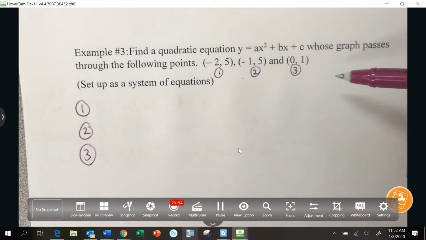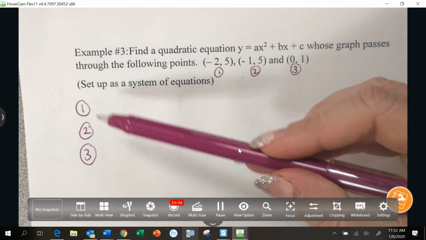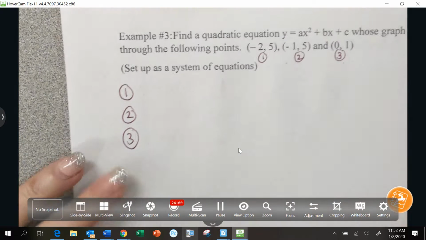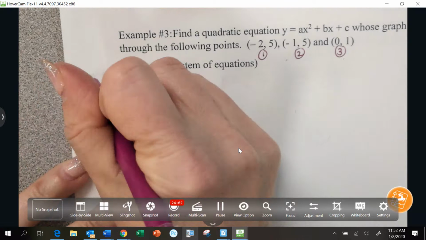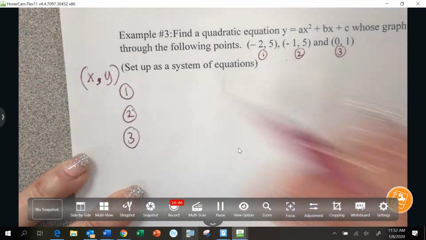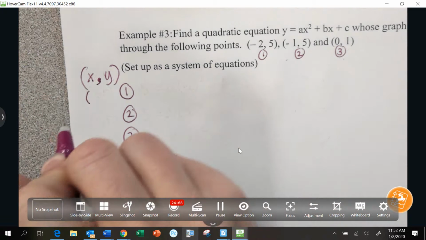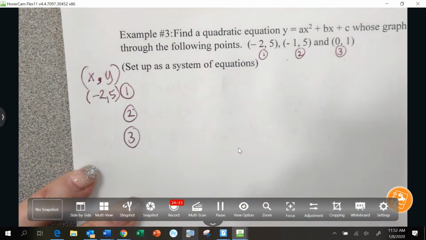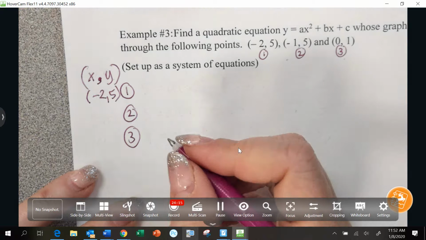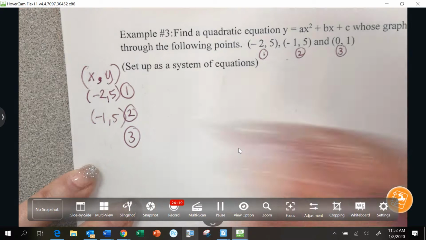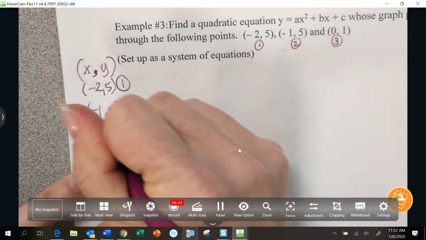Each of those ordered pairs is going to help you make one of these equations. So my ordered pairs x, y: we've got -2, 5; -1, 5; and then 0, 1.